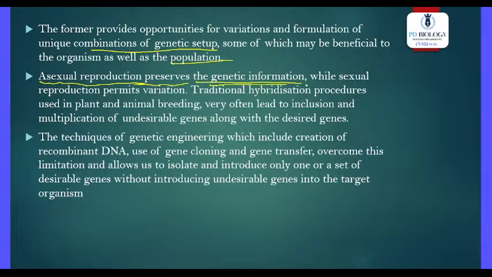Can anybody tell this one? While sexual reproduction permits variation. What's the difference between these two reproductive processes? That we say that asexual reproduction always preserves the genetic information. Can anybody give this answer?